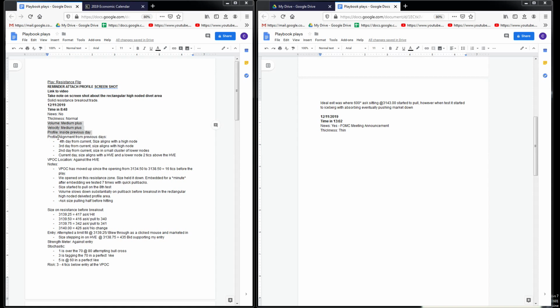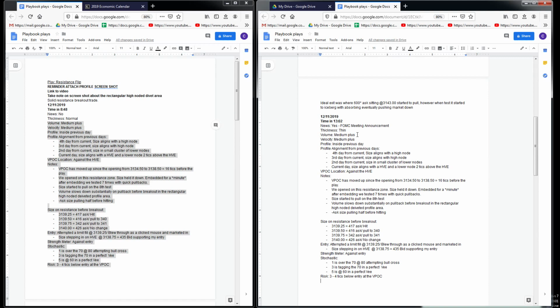Profile alignment from, I'm trying to figure out what I did here. Profile alignment from previous day. So we'll go ahead and just copy the parameters from here and add it to the new one, and we'll just change things. We need to get to velocity, but profile inside, it is still inside the previous day.